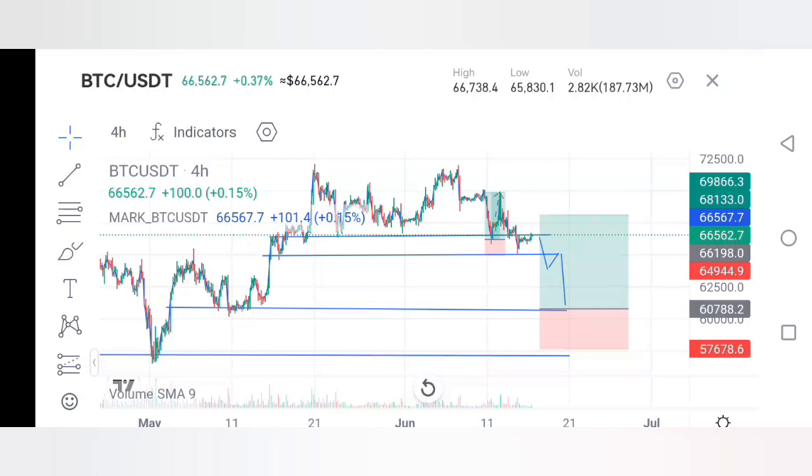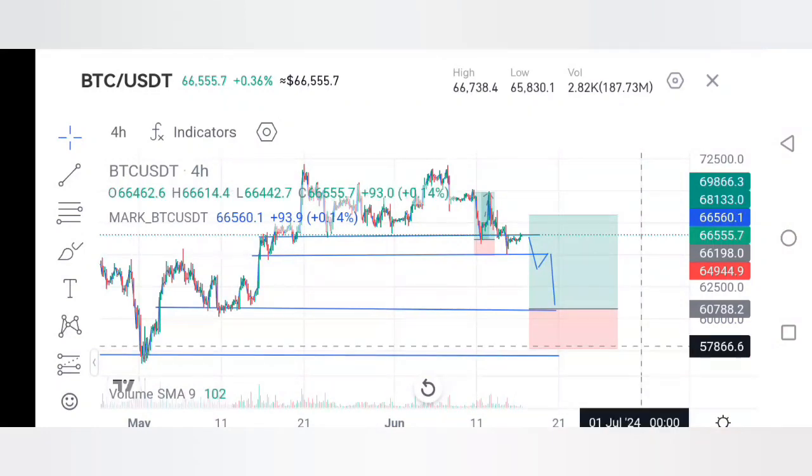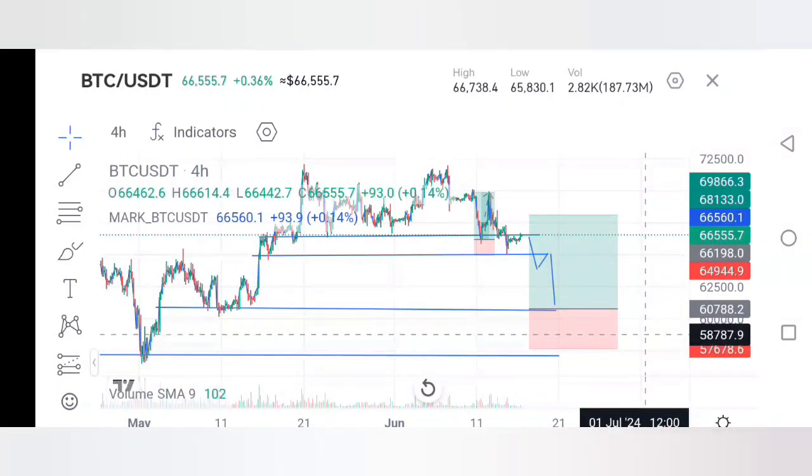So my stop loss is set below the $58,000 mark. My entry position is at 60,000.